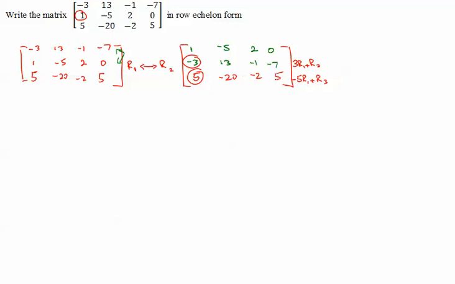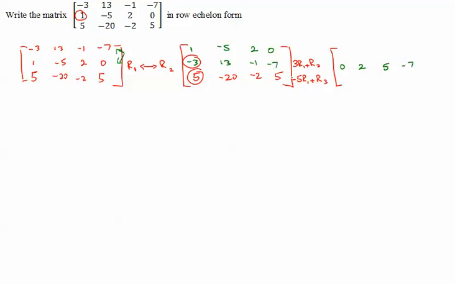And I will do the same for the other elements in the matrix. So by doing this, we get this new matrix. Whatever I'm changing, I'm going to write in different colors. So I get a 0, because 3 minus 3 is 0, and then 3 times minus 5 is minus 15, plus 13 is minus 2, and then 3 times 2 is 6, 6 minus 1 is 5, and 3 times 0 is just 0, 0 minus 7 is minus 7.